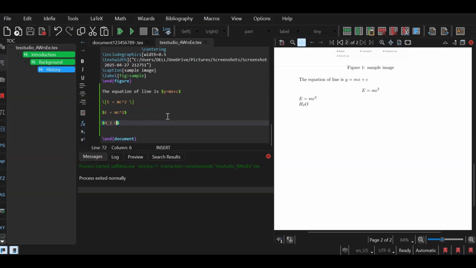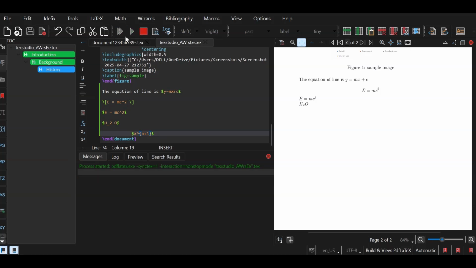Okay, and if you need multiple characters in your subscript or superscript, then you use curly braces. Example, you need to write x to the power n plus 1. Firstly you mention your dollar sign and x caret n plus 1, and then just compile.